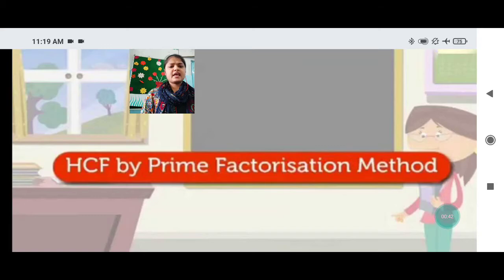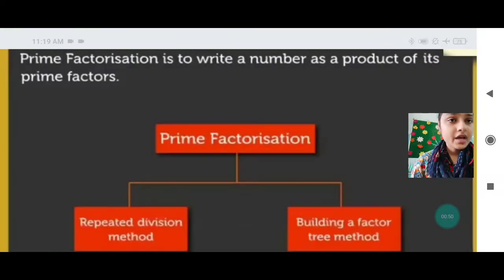Today's topic is HCF by prime factorization method. What is this prime factorization method, my dear? Let's discuss. Prime factorization is to write a number as a product of its prime factors. There are two types of prime factorization.